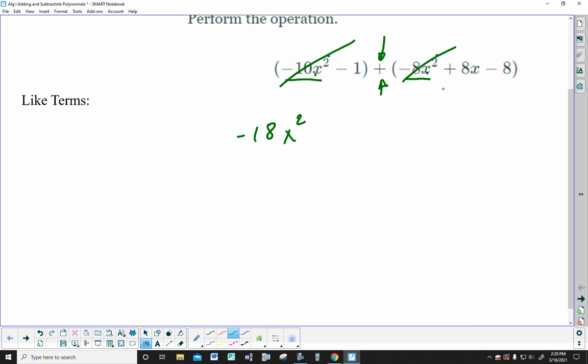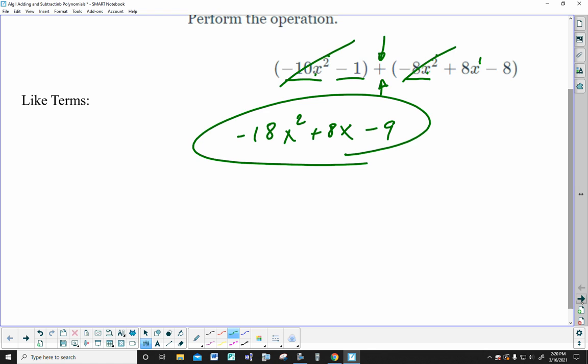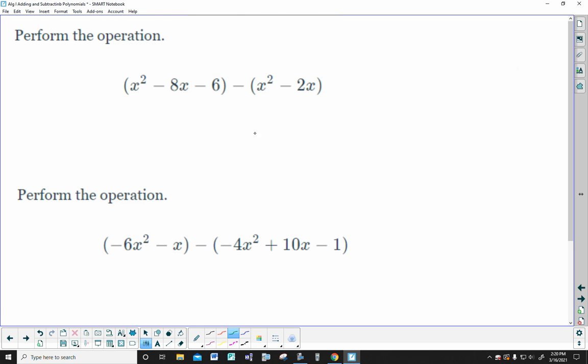These are taken care of. I'm going to cross them out. There are no other x to the first. There aren't any others, so that just goes along for the ride. Now I have a minus 1 plus a minus 8, so that's a minus 9. There's your answer.